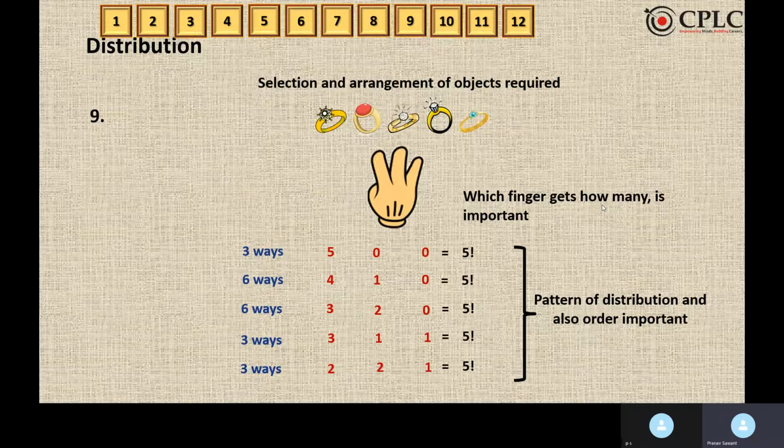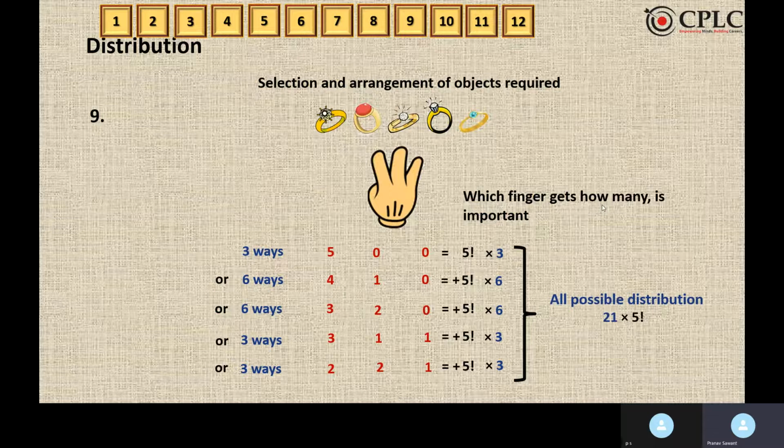So now it is going to be 5 factorial for each pattern, as there are 5 rings, and 5 rings can be arranged in 5 factorial ways. The numbers of ways are 3, 6, 6, 3, 3, so we multiply these: 5 factorial into 3, 5 factorial into 6, and so on. After adding up, we get 21 into 5 factorial, which is 2520 ways. So 2520 ways, which is option 2.